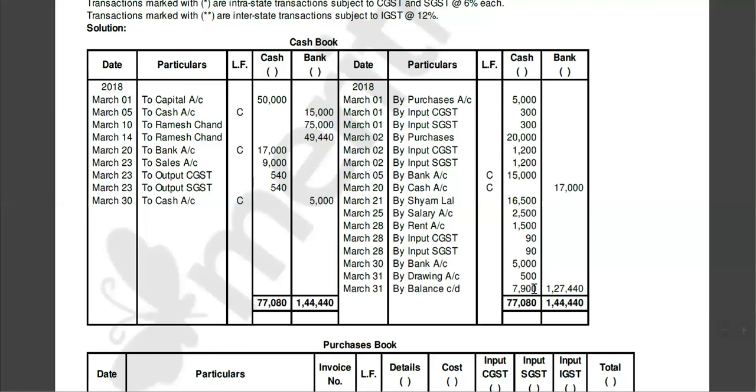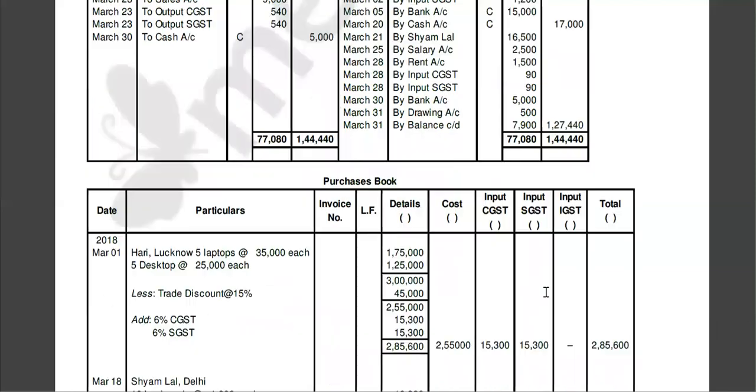So this closing balance is debit nature. The same way 1,27,400 is also debit nature, because this year closing balance becomes next year opening balance.